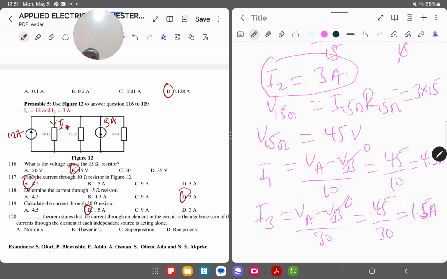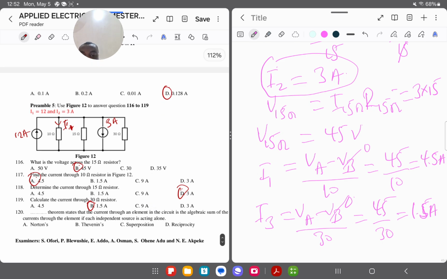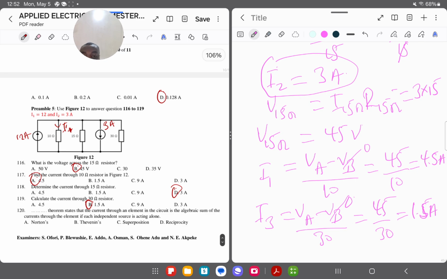And the last question, 120. The theorem says that the current through an element in the circuit is the algebraic sum of the current through the element if each independent source is acting alone. So which theorem corresponds to the statement here? We are talking about the theorem that says that the current through an element in the circuit is the algebraic sum of the current through the element if each independent source is acting alone.